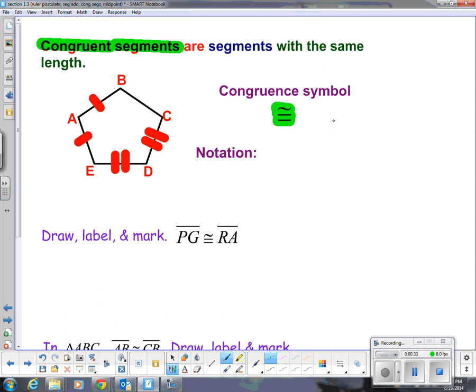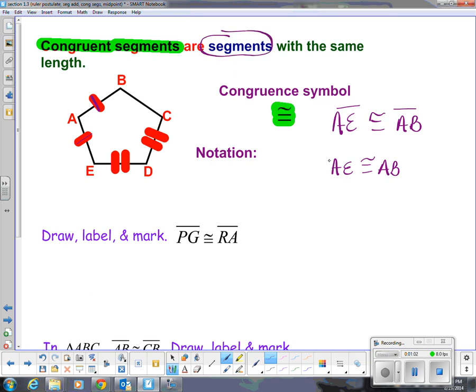So if we were talking about this, this is how we mark congruent segments. If we look at this hash mark and this hash mark are both a single, which means segment AE is congruent to segment AB. It would be incorrect to say AE is congruent to AB without the bars, because it's segments, not lengths.